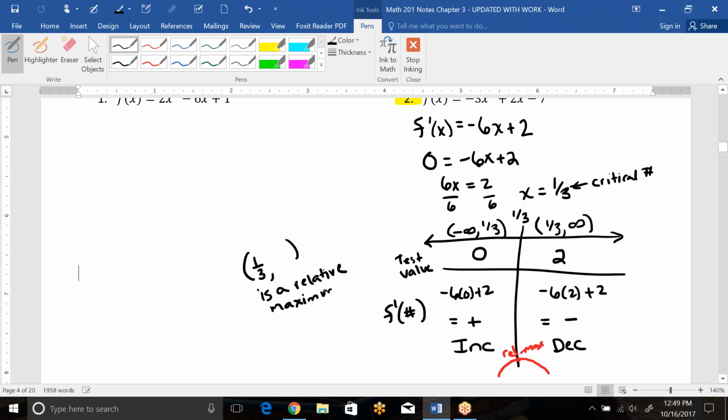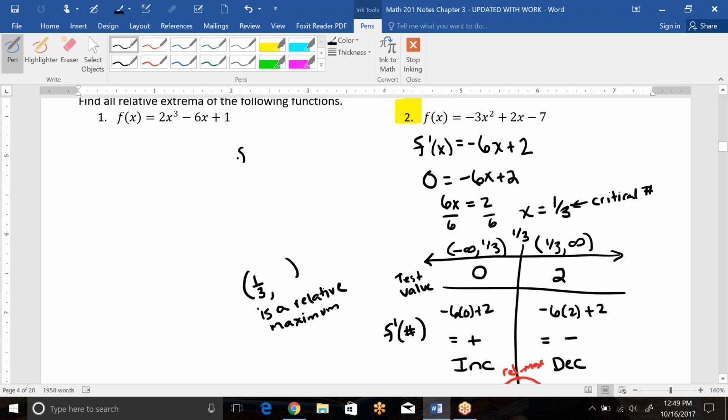To find out what that something is, we plug it back into the original function. So anytime you're looking for an ordered pair, you need to plug back into regular f of x. And we're going to work this out. So 1/3 squared would be 1/9, so that's negative 3 times 1/9. This would be 2/3, and I'm going to make this 7/1.